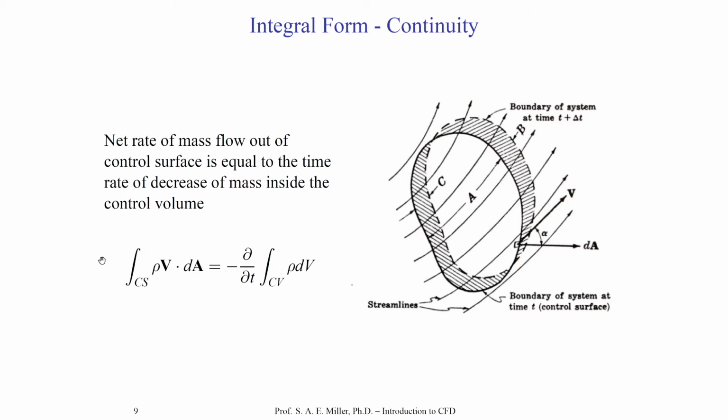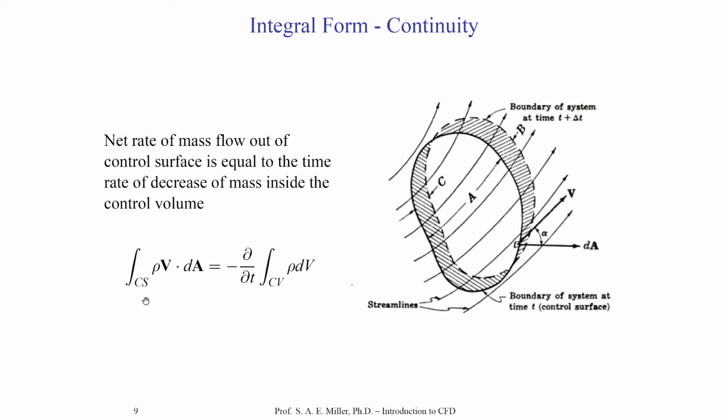In the lower left, we have the integral form for the continuity equation. We have one particular integral over the so-called surfaces of rho, the density, times the velocity vector v, dotted with each particular surface element. That's the inner product, the surface integral of rho v dot dA. That is balanced by the negative partial time derivative of an integral over the control volume of the density in the volume itself.